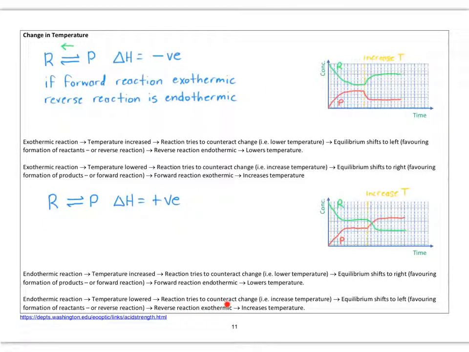The reverse reaction is exothermic, so that will increase the temperature. So there we have it. We have Le Chatelier's principle and the effect of changing concentration, pressure and temperature on the equilibrium concentrations. Thank you.